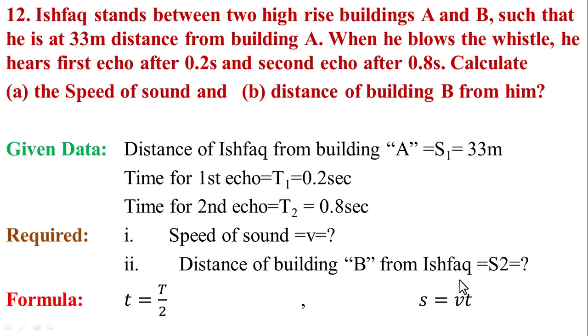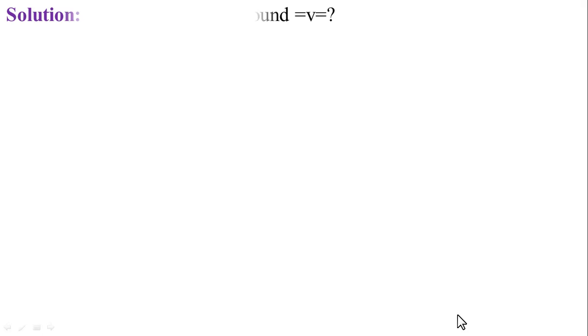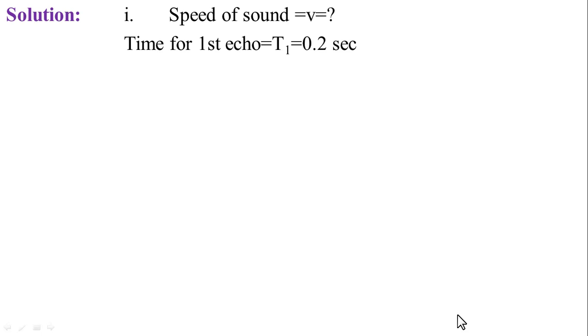Now using the formula: since it is an echo, the time for the sound to reach the building is half, t is equal to t by 2, and distance S is equal to Vt. First find the speed of sound from the first echo.